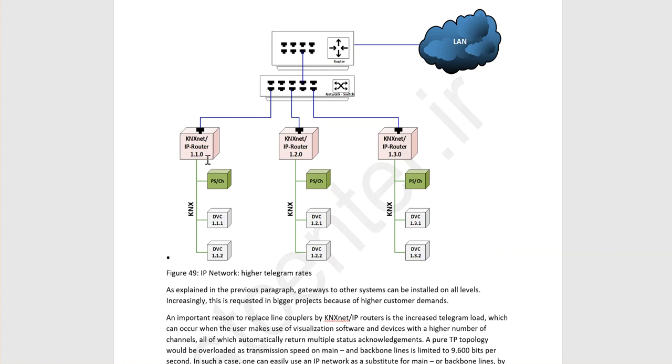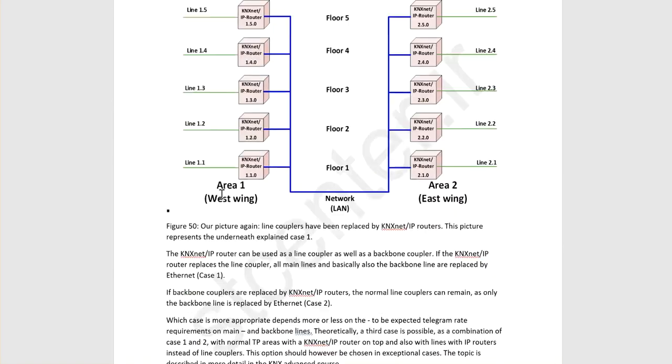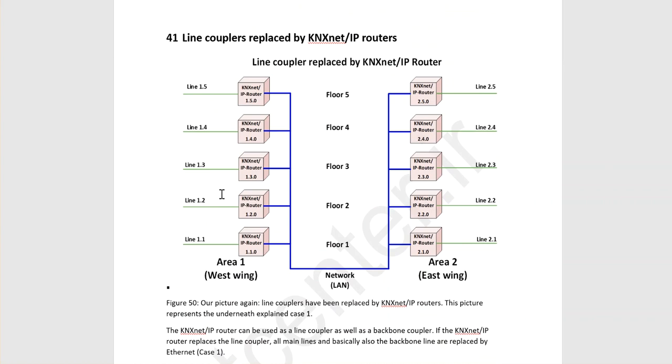So you put a KNX IP router, with a physical address like the line coupler, in each area, and then you have your line segments from 1 to 255. With this setup, the book said you can replace the upper side of the topology with IP, and there is no need for any backbone coupler, or power supply in the backbone line or main line.